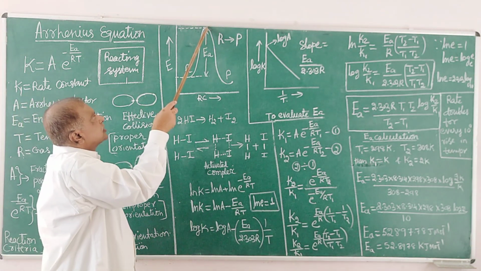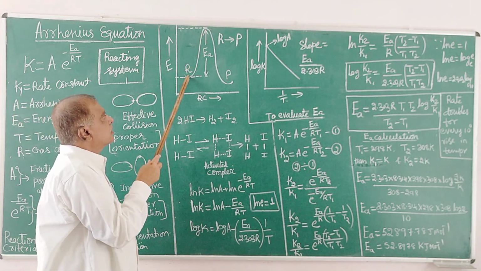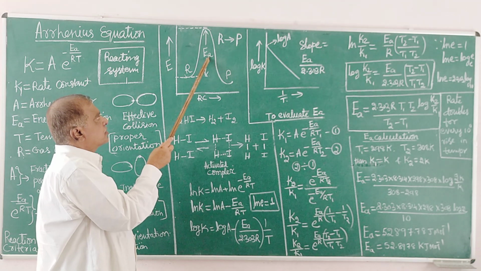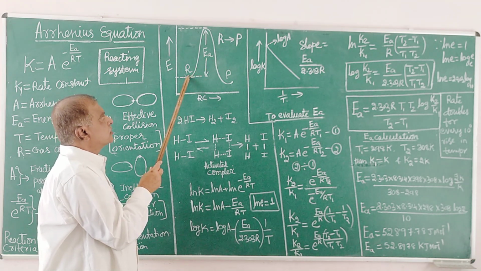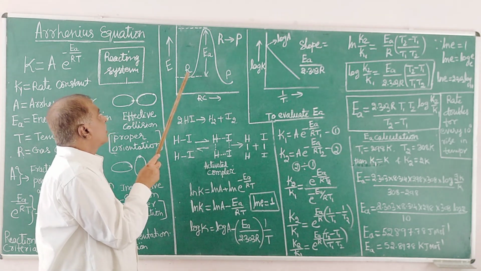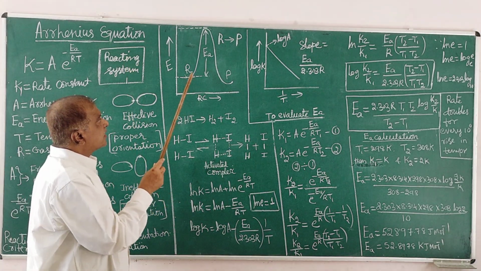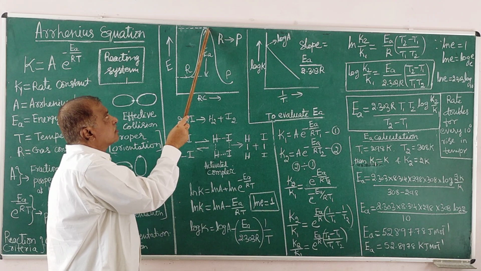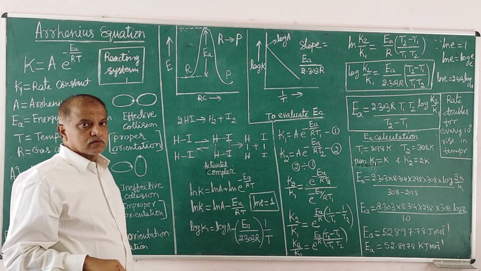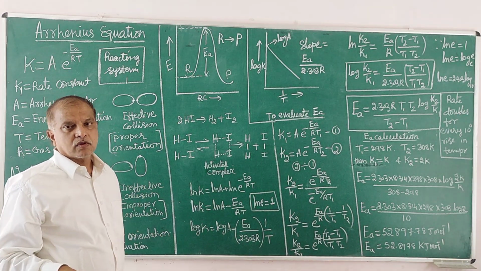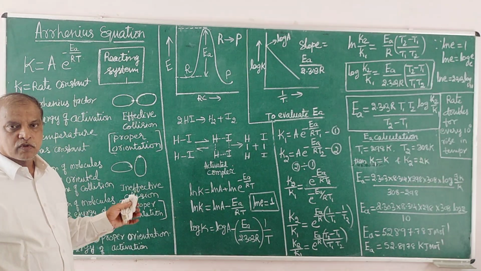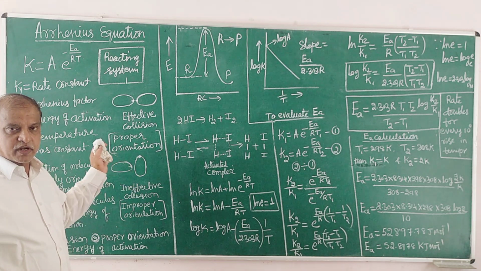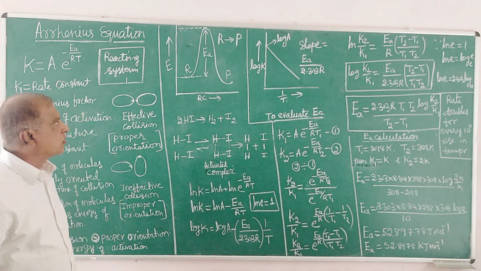Then the difference between this threshold energy and normal energy is the energy of activation. How do the reactant molecules in the reacting system gain the energy in excess? Because of collision. In the reacting system, all the molecules keep colliding every fraction of a second.